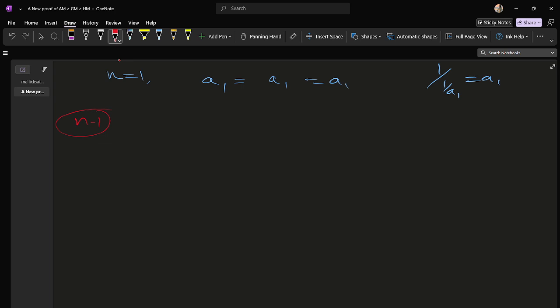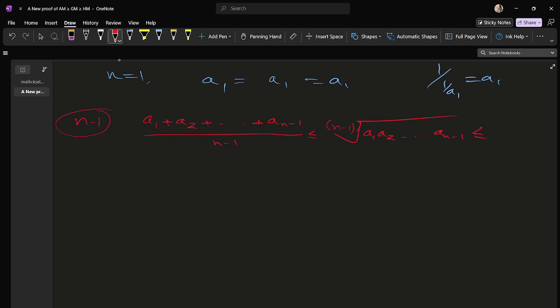Then that is a1 plus a2 up to a(n minus 1), upon n minus 1, and this is the n minus 1th root of a1 a2 up to a(n minus 1).